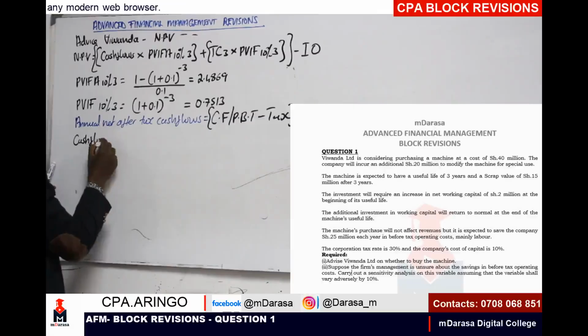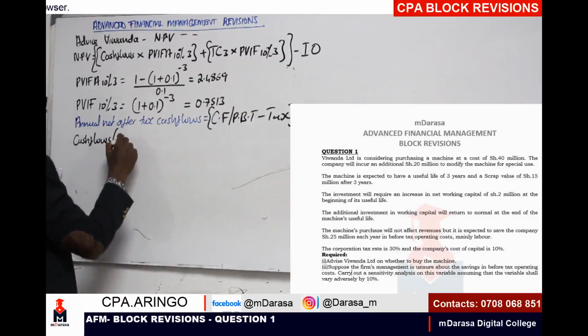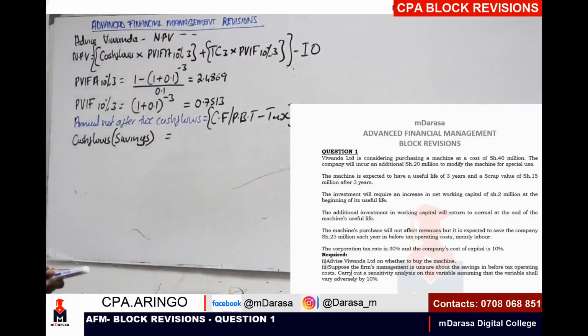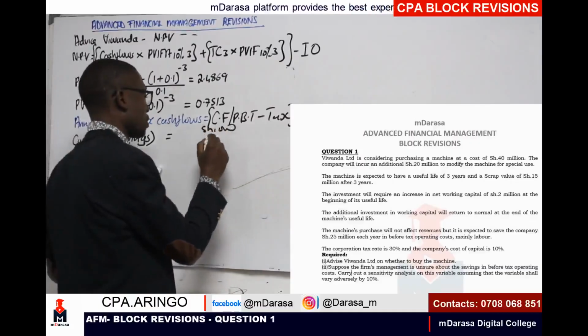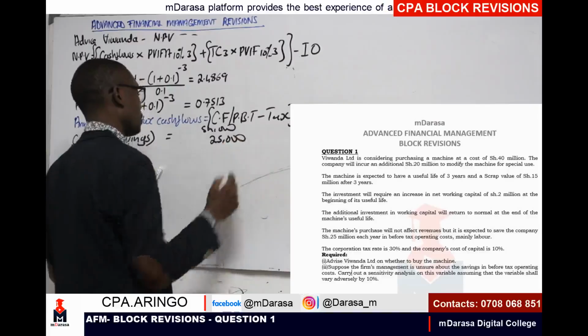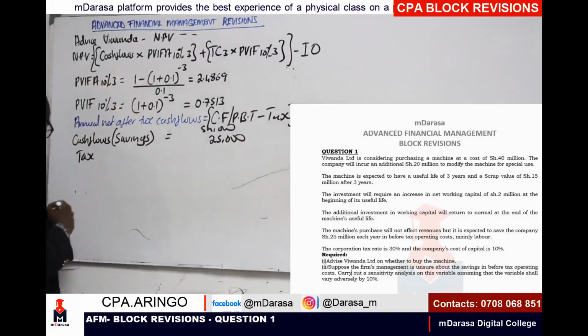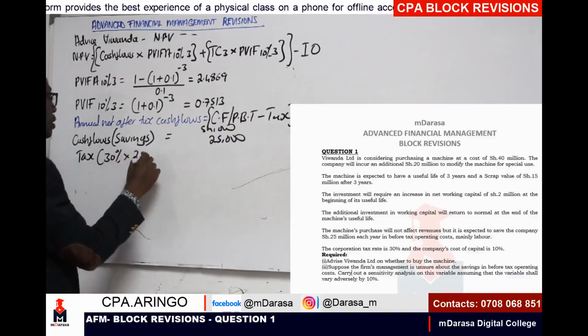So I'm going to have our cash flows here. My cash flows in this context will be what? The annual savings. How much will I have as savings per year? Whatever figure was given there, 25 million. Allow us to put our figures into thousands. What is our tax component? The examiner had given us 30% times 25,000.